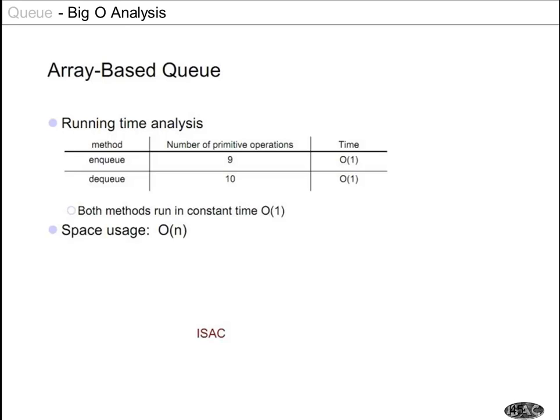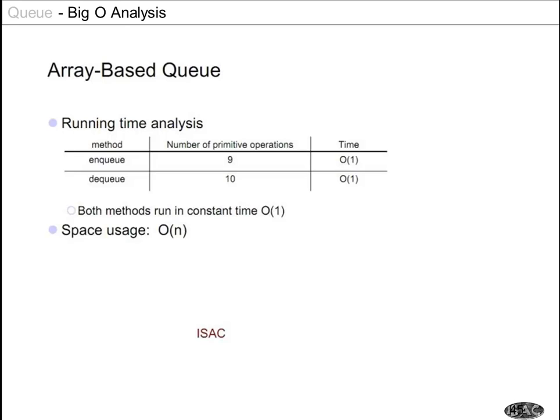For enqueue and dequeue, the number of primitive operations is constant, 9, 10, or it may be different from implementation to implementation. But what we have to understand is that, irrespective of that, it does not depend on the total number of objects in the queue. It will always be a constant.